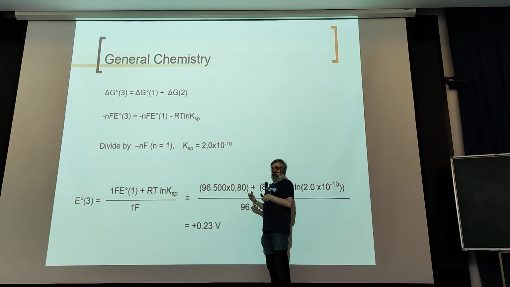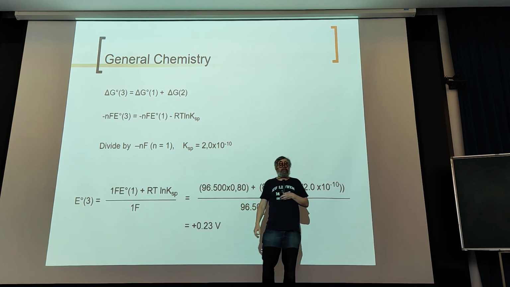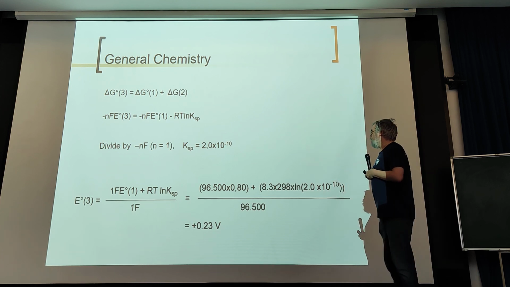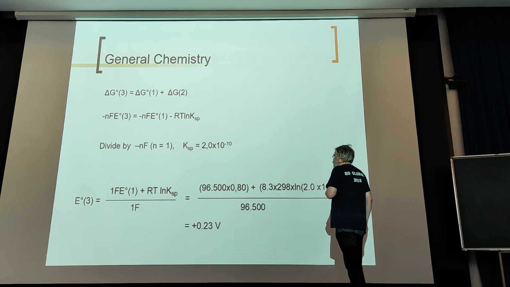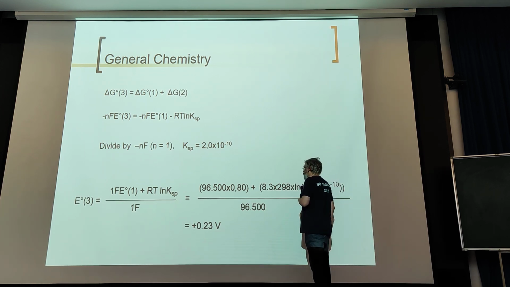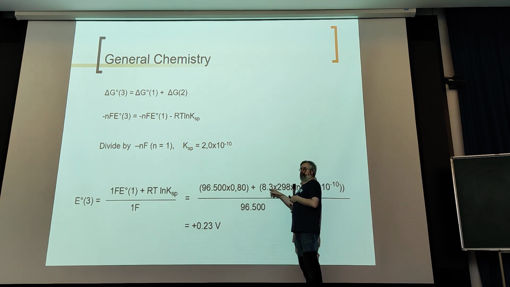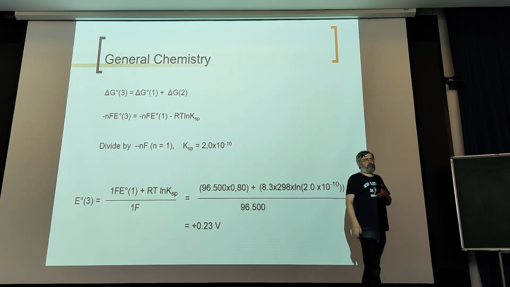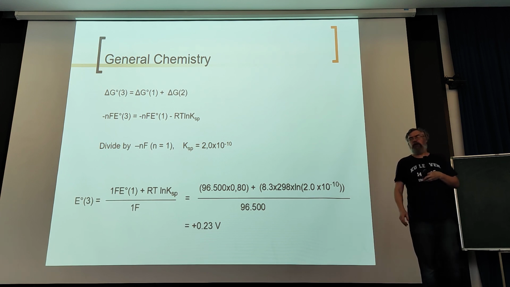It's a relatively strong oxidant. We multiply with the Faraday constant, 96,500. We add RT ln KSP. R is 8.31, it's rounded up. The T is 298, room temperature, 25 degrees Celsius.